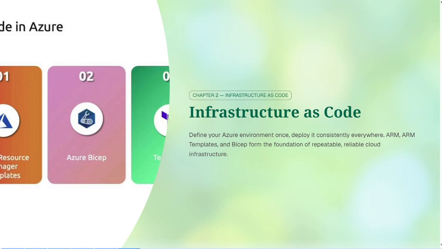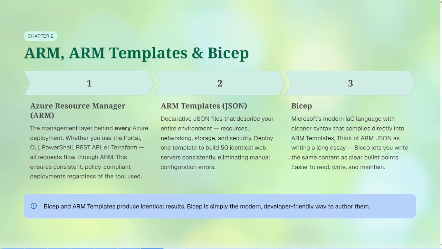Instead of remembering every ingredient and every step each time you cook, you write the recipe once and follow it whenever you need the same meal. Infrastructure as code works the same way. You define your Azure environment once, save it as code, and Azure can deploy the same environment repeatedly from that code.